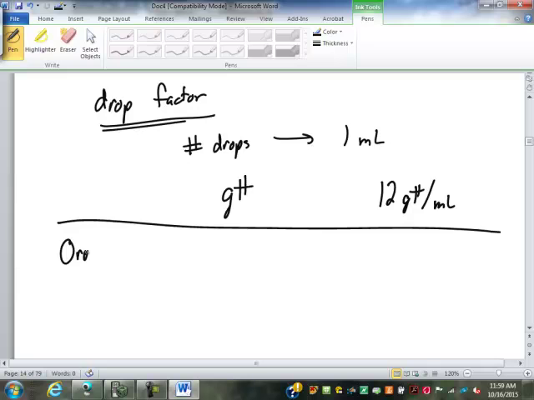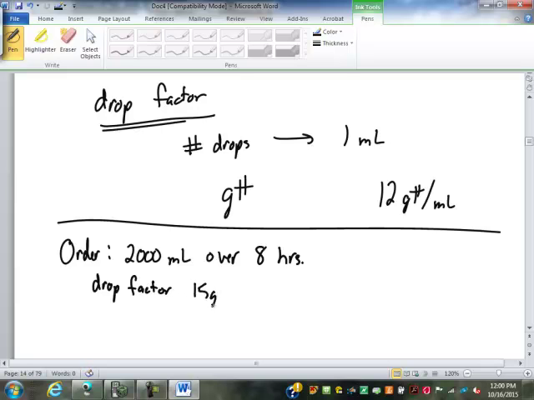So if we have an order for 2,000 milliliters to be administered over 8 hours, a medication with a drop factor of 15 drops per milliliter.